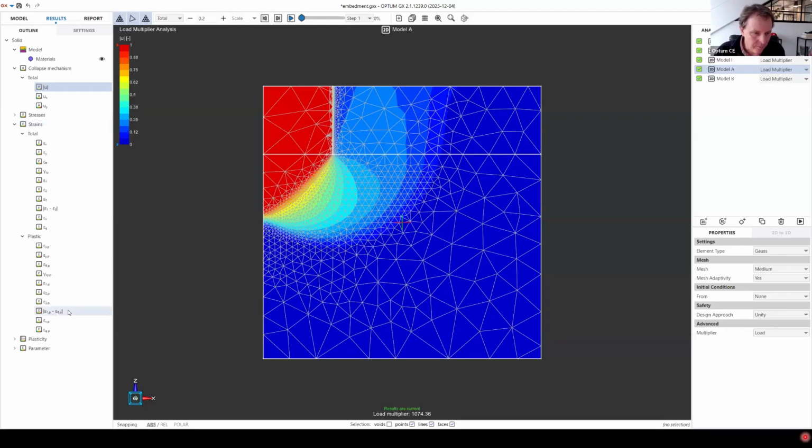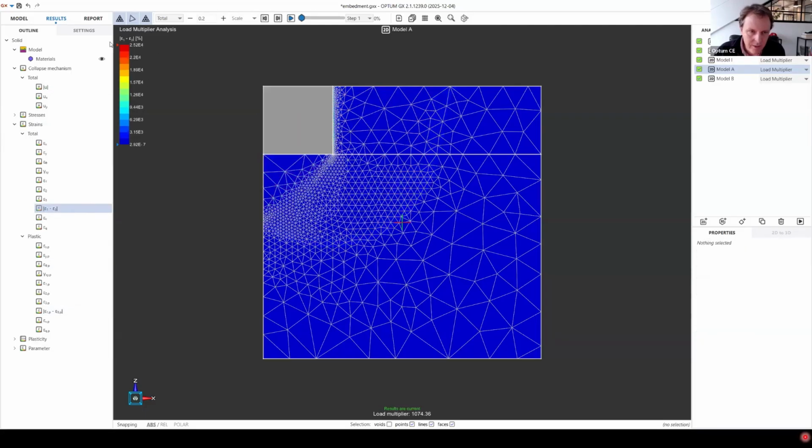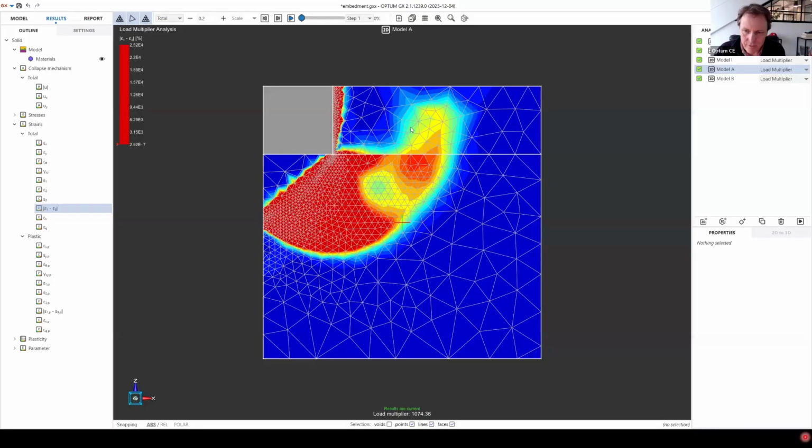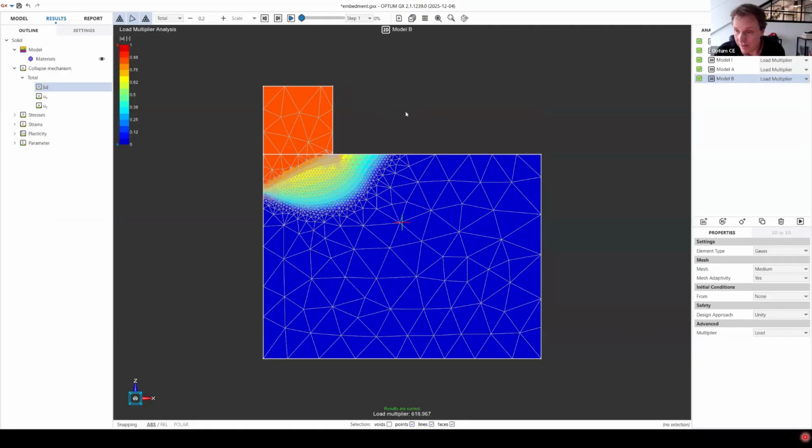And if we plot the strains, to have a look at the failure mechanism, there's some strength here, and of course here as well. The interfaces need to be considered here as well. I'll cover that in a second, as opposed to here where there's no resistance in this air up here. So it can make quite a difference.